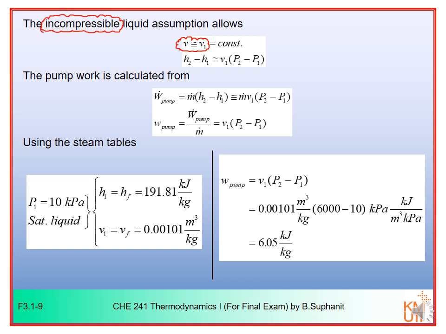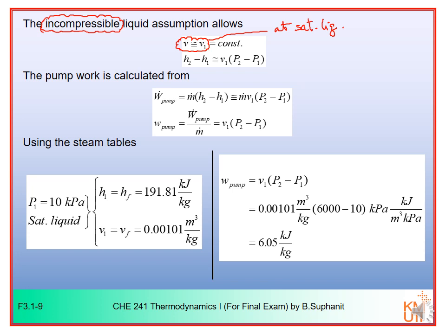We can determine that value easily because V1 would be at sat liquid, so we can use the steam table to determine V1. If our specific volume is constant, you can take it out of the integral, and the result would be just H2 minus H1 can be approximated as V1 multiplied by P2 minus P1.